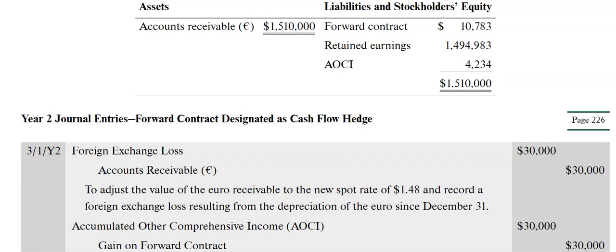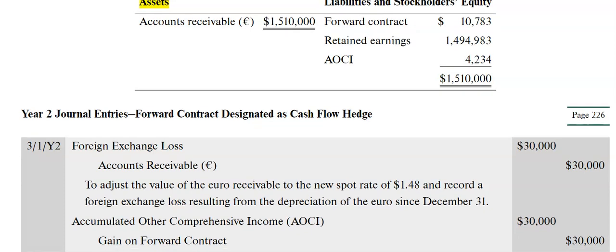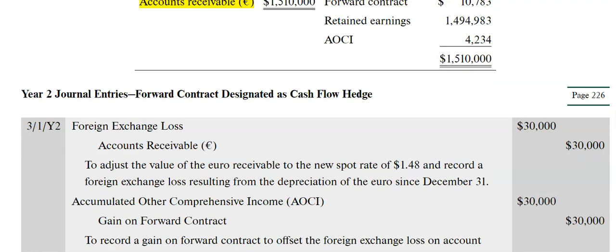The effect on the December 31st, year 1, balance sheet is as follows. Assets: Accounts receivable, Euro, 1,510,000. Liabilities and stockholders' equity: Forward contract, $10,783.